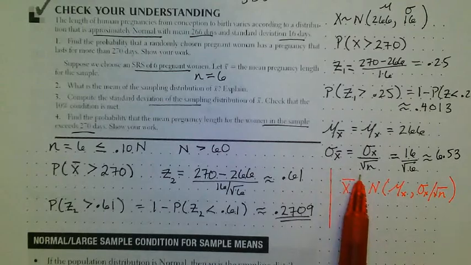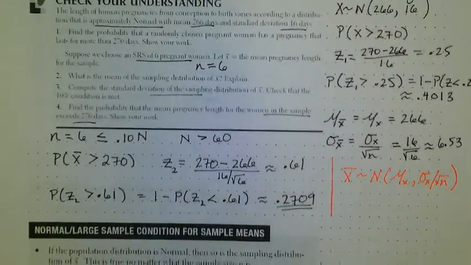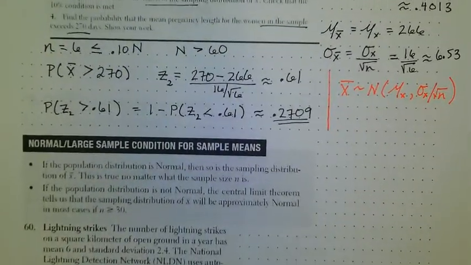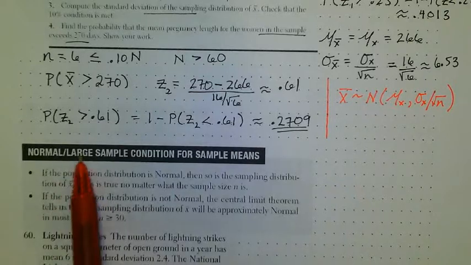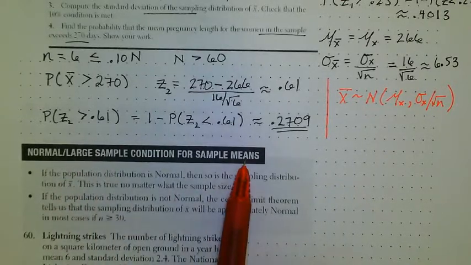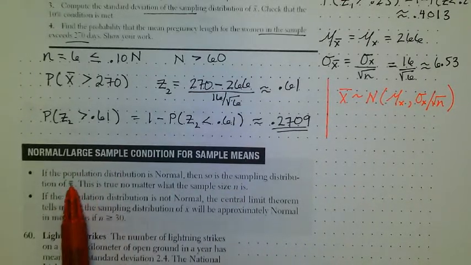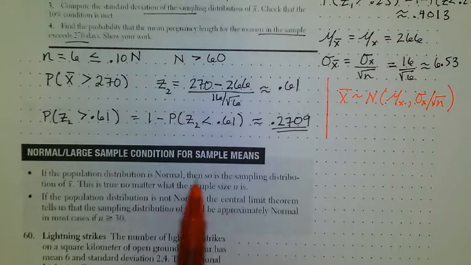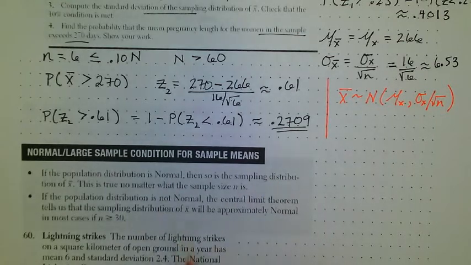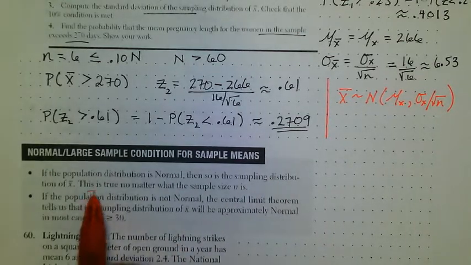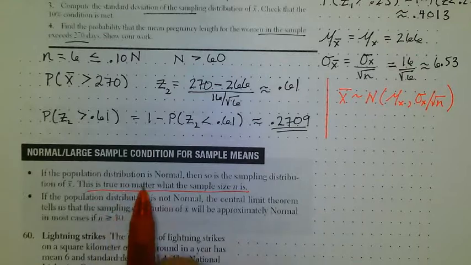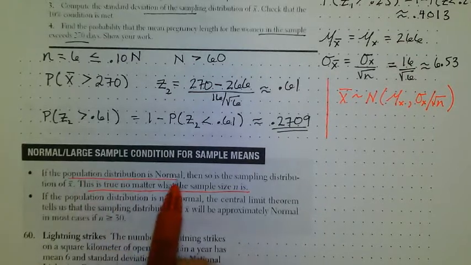Why? Because if we look at the normal or large sample condition for sample means, if the population is approximately normal, then so is the sampling distribution. This is true no matter the sample size, if the population distribution is normal.